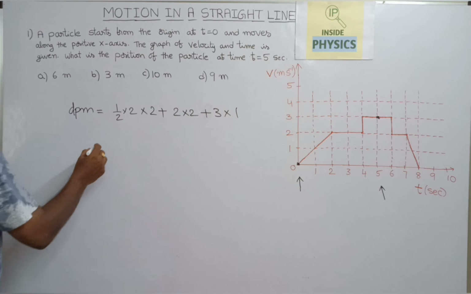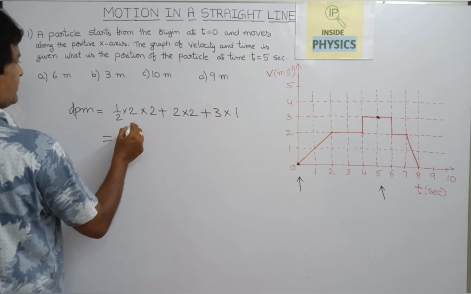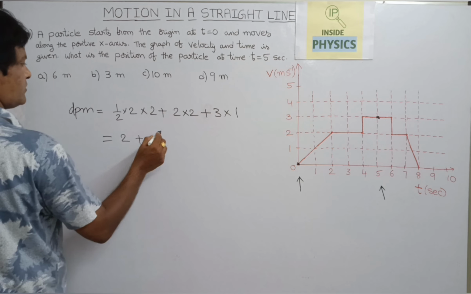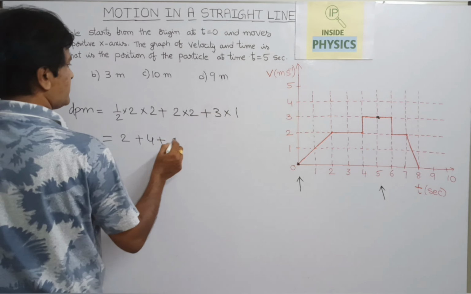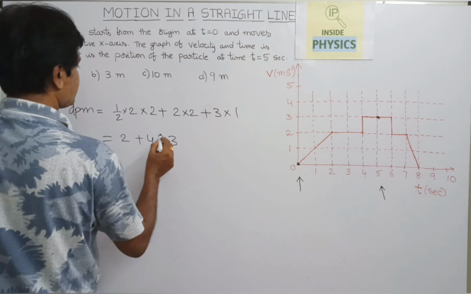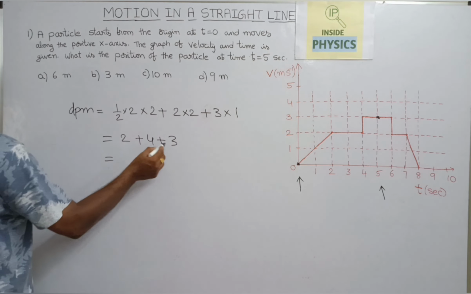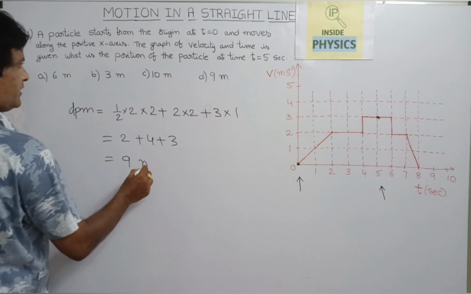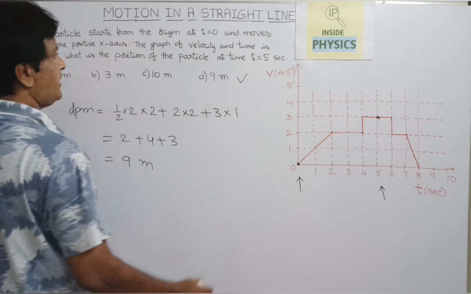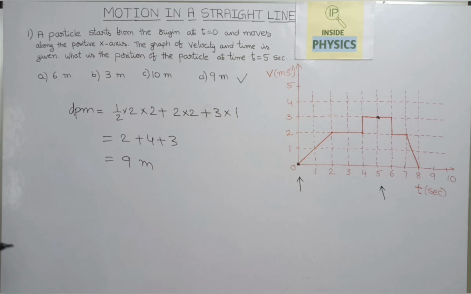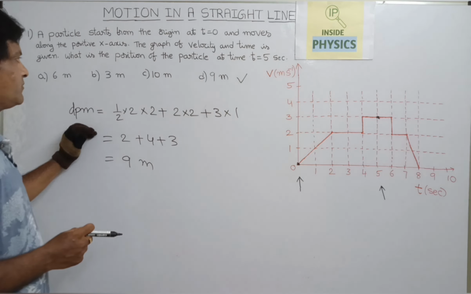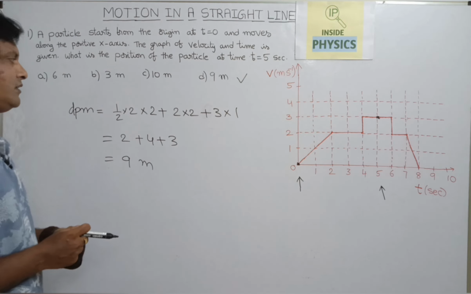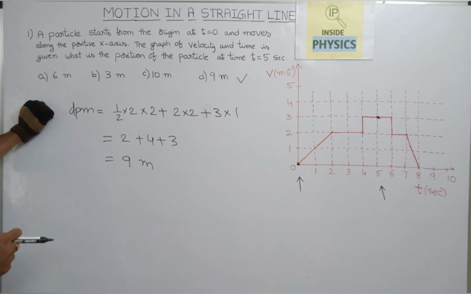So here we will get the displacement: 2 plus 4 plus 3, so 6 plus 3, 9 meters. So the answer is D. This is how we take the displacement, that means the position at t equal to 5 seconds.